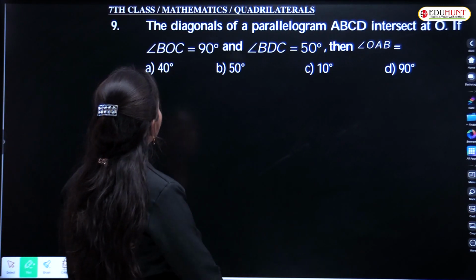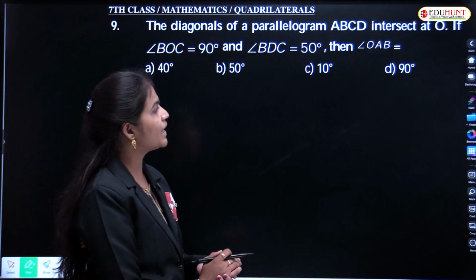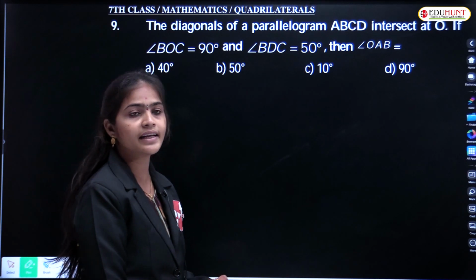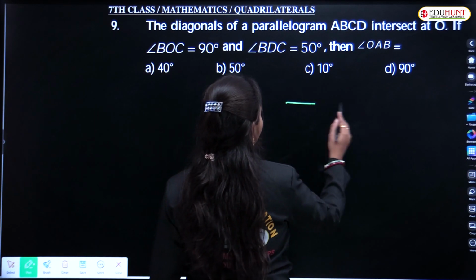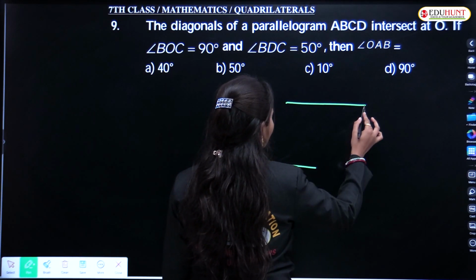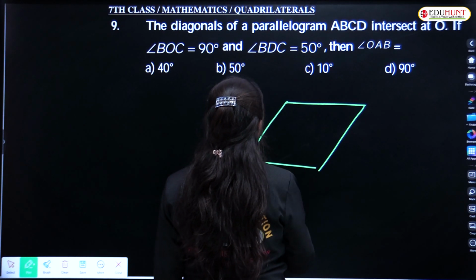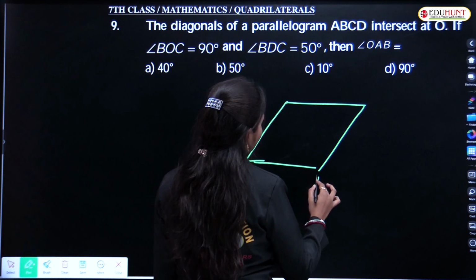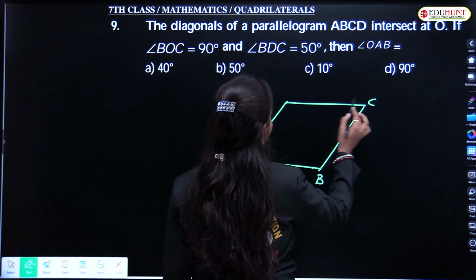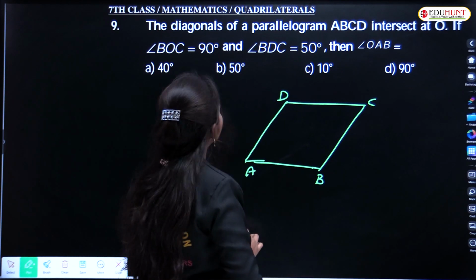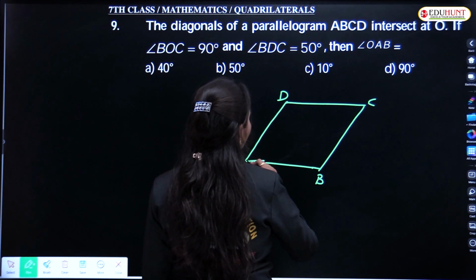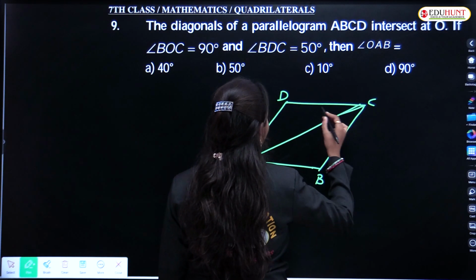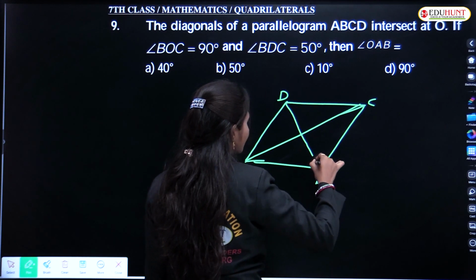So children, see that the diagonals of a parallelogram ABCD intersect at O. So first draw the diagram again. The parallelogram ABCD. Okay. So here the diagonals of a parallelogram, AC is one of the diagonals, BD is the other diagonal.